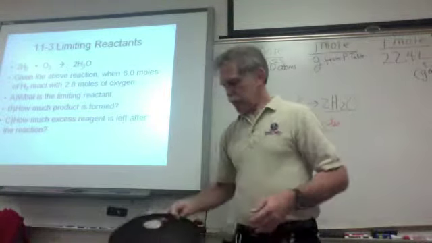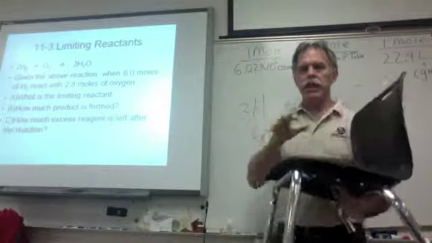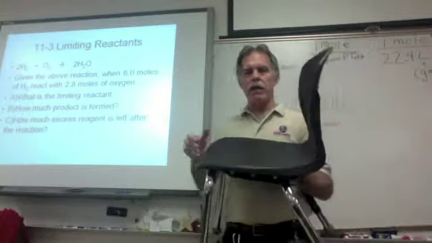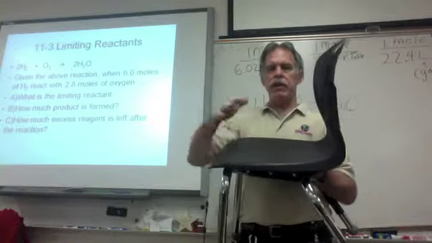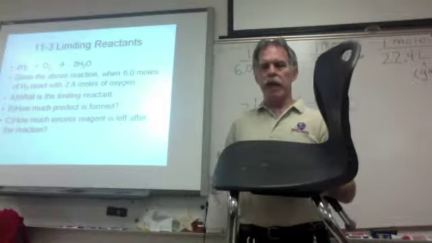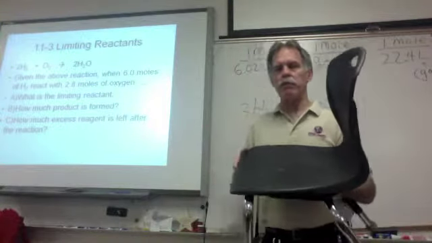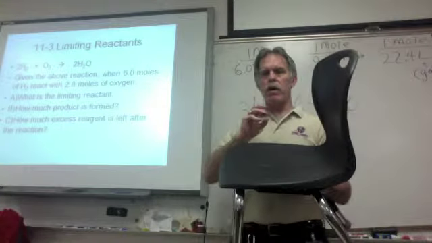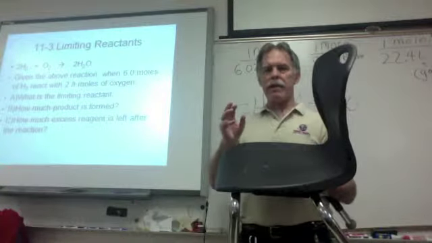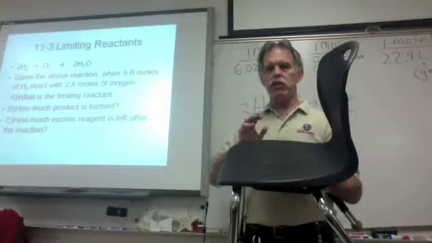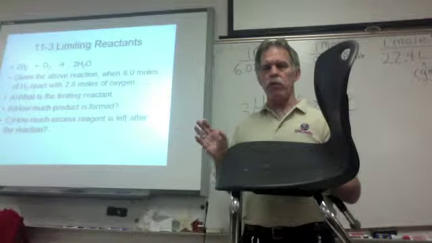For the limiting reagent problems, we're going to use the example of this chair for now, and there are two parts: the plastic seat and four legs. So far, the problems have given you one reactant, and they just assume we're not going to worry about the other one because we had plenty of it.